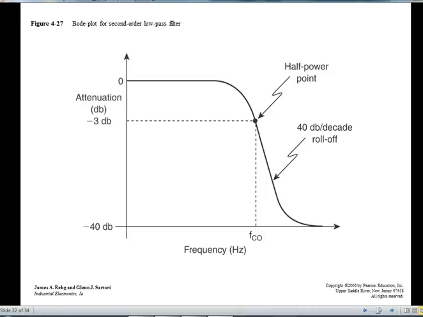A decade means a power of 10. So if I go from 100 hertz to 1,000 hertz, that'd be a decade. If I went from 100,000 hertz to 1 megahertz, that'd be a decade. But this is going to turn off what's going to be passed very quickly, 20 dBs per decade.